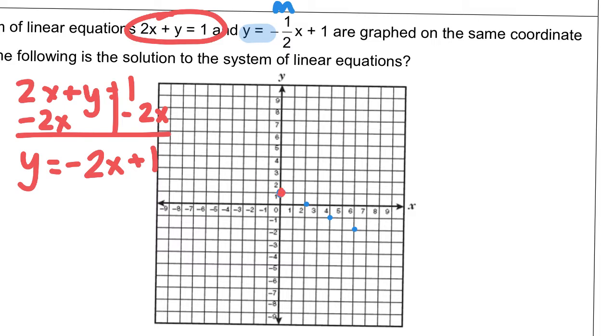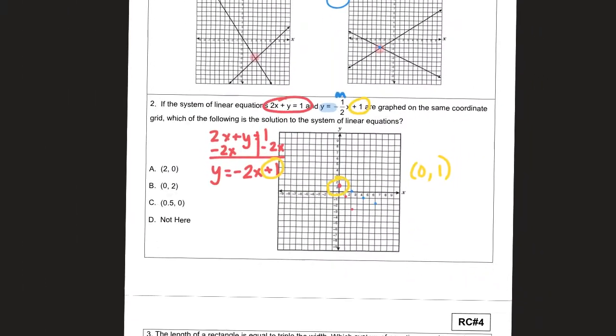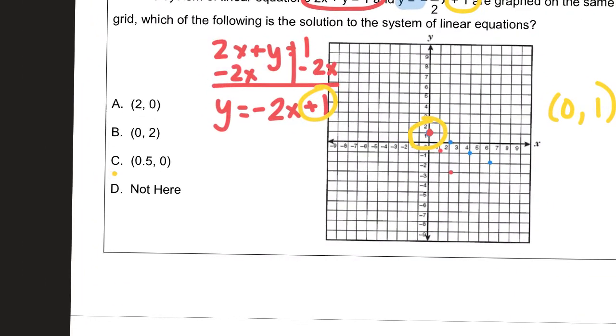So I graph the 1, and this time I'll go down 2, right 1, down 2, right 1. Well, you can see right there what the solution of the equation is. It's where they both cross. And that is the point 0, 1, because they have the same y-intercept. So when we look at this, we can see that the answer is D, not here.